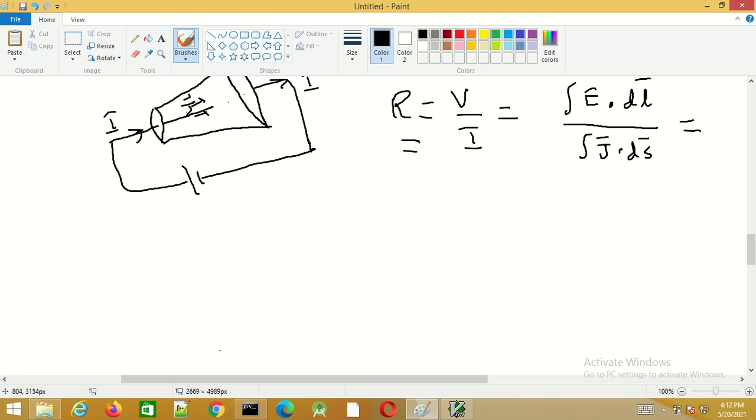Here we can also obtain the expression for the power dissipated.